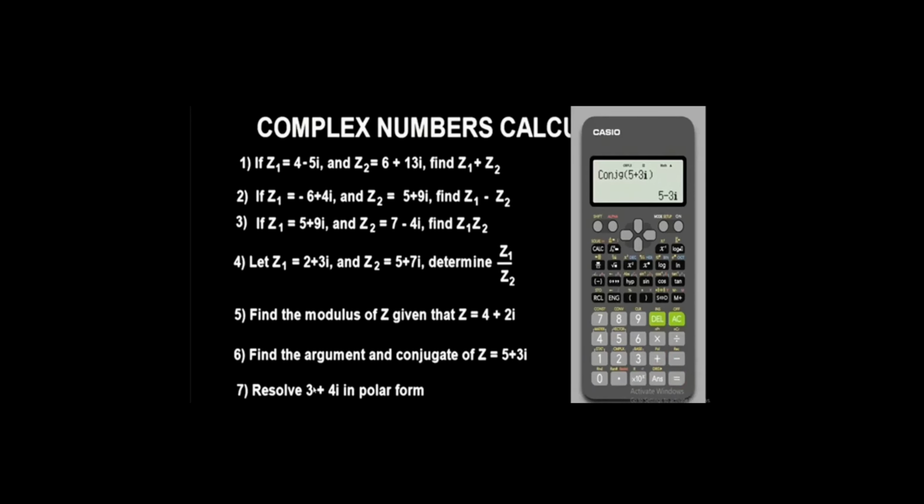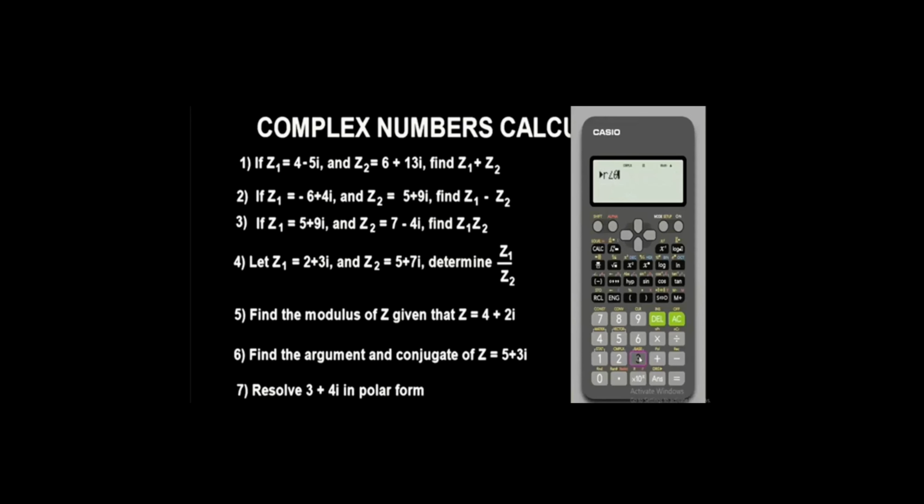Lastly, to resolve this complex number in polar form, what we're going to do now is press shift and this button 2 again. So we are going to go for option 3. This complex number here is the rectangular form of it. So we want to convert it to polar form, the angular form of it. So go for option 3, which is this small letter r with an arrow, which stands for converting from rectangular form to polar form.